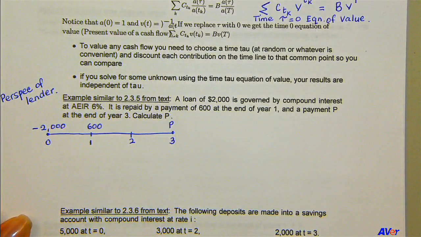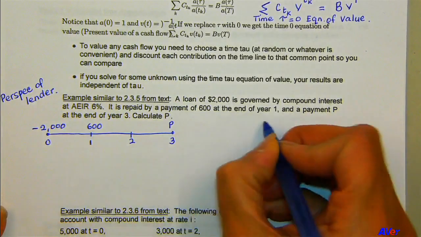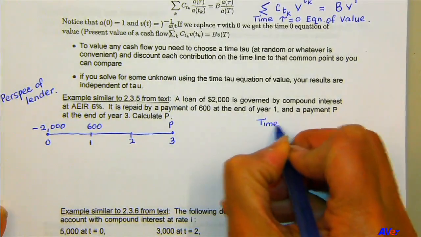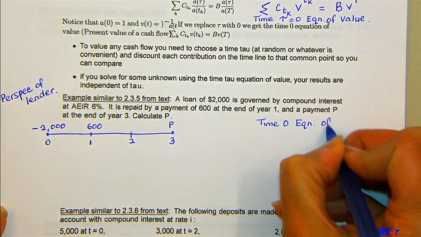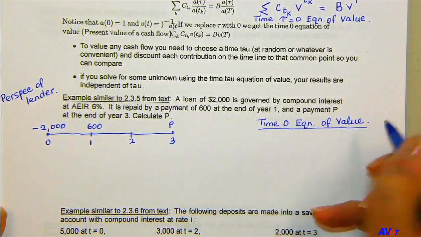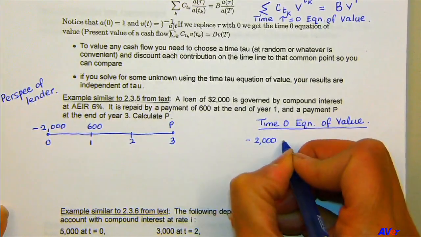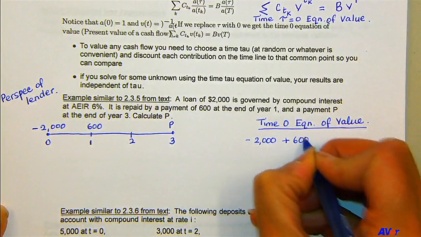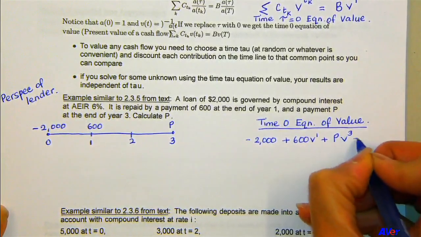Calculate P. So first let's do a time 0 equation of value. Tau is 0. So bring everything back to 0. Minus 2,000 plus 600 v to the 1 plus P v to the 3 equals 0.